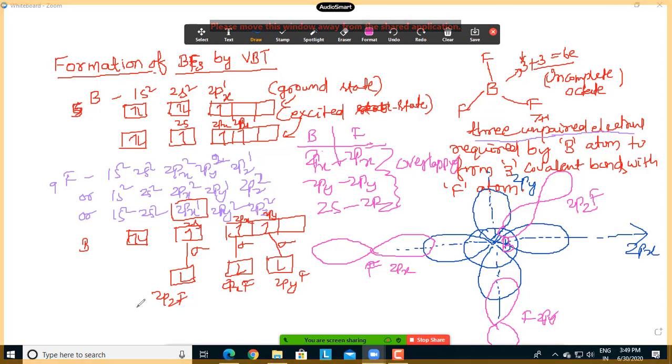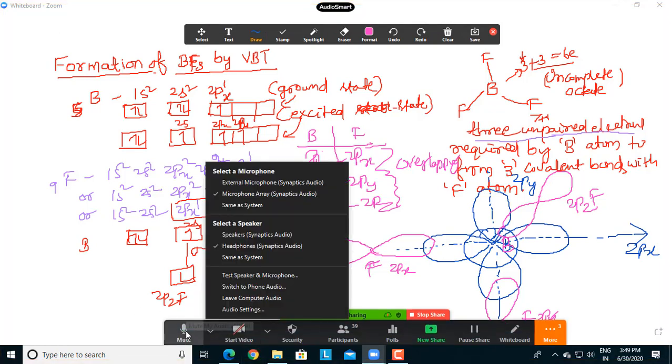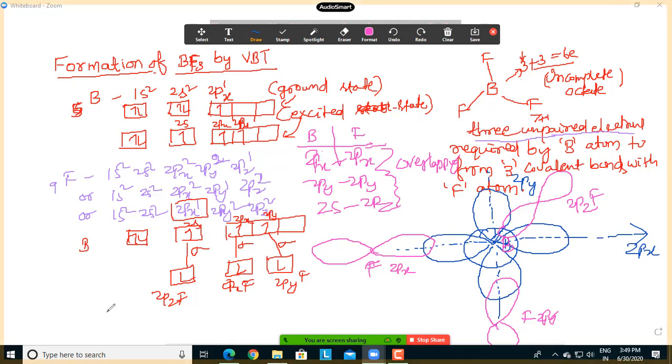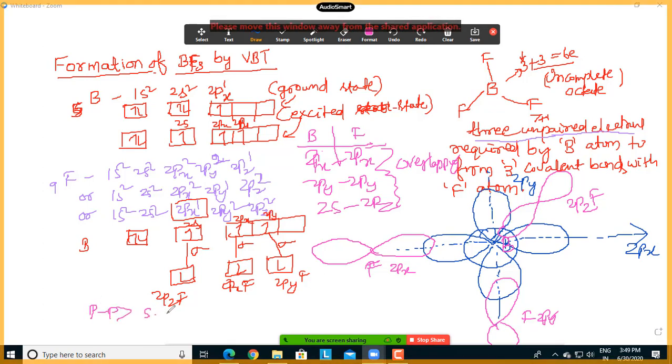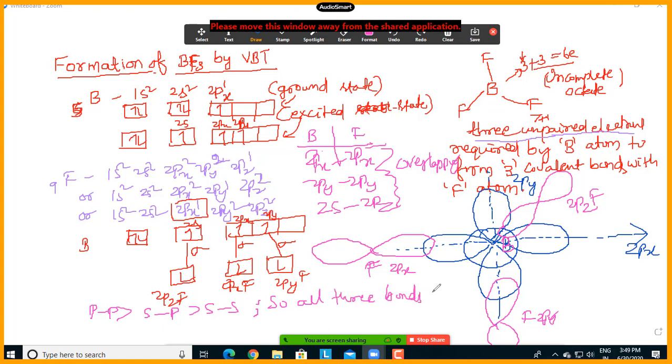So if you get this type of overlapping, here it says that all 3 bonds will not be of equal strength, because we have studied in last class that PP overlapping is greater than Sp overlapping is greater than Ss. So all 3 bonds may not have equal bond strengths.